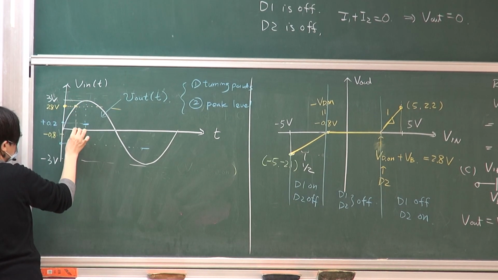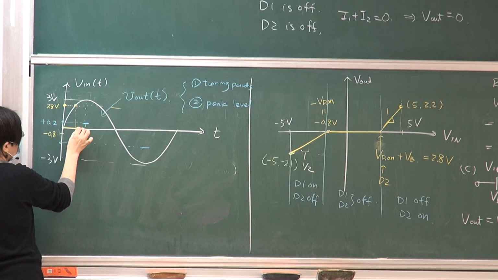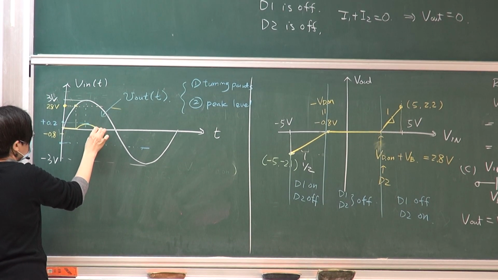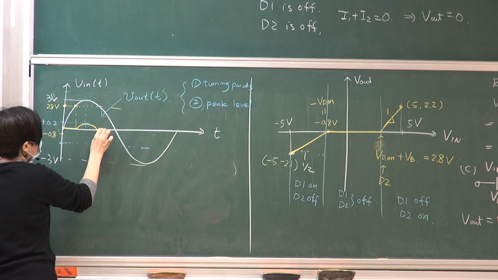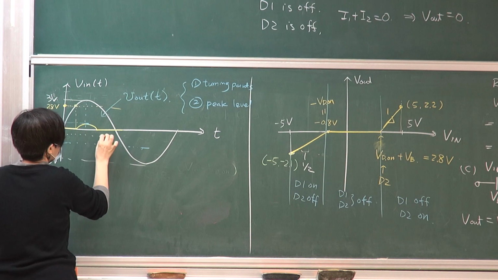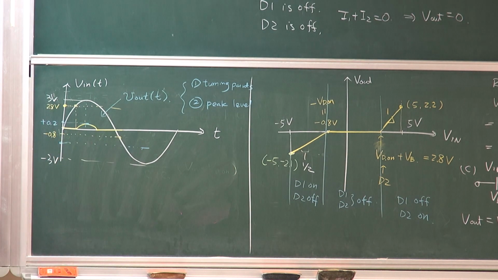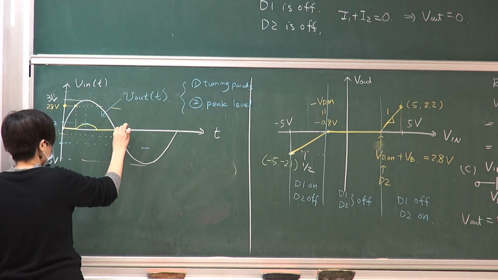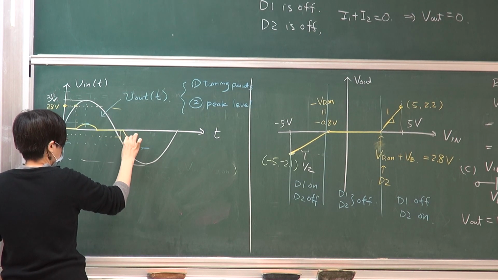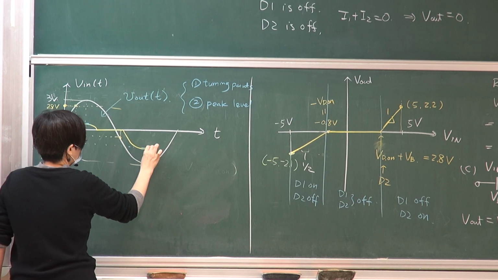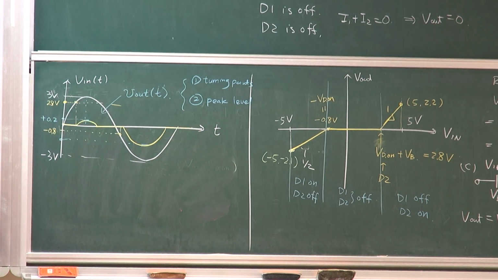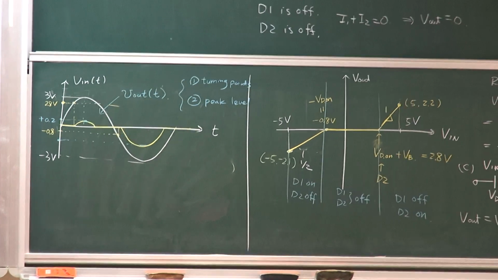So before this, it will be flat. And then it will rise at a rate. And then it will be flat until it reaches minus 2.8. So in time scale, it will look something like this. Okay, so the yellow will then be your output.